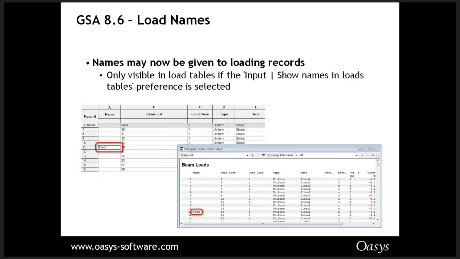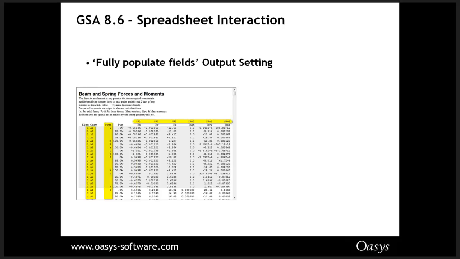Spreadsheet interaction. There's an option amongst the output settings to fully populate fields, and all that means is that instead of the output being displayed as if it were in paragraphs per element, you just get the same value being repeated all the way down the list.